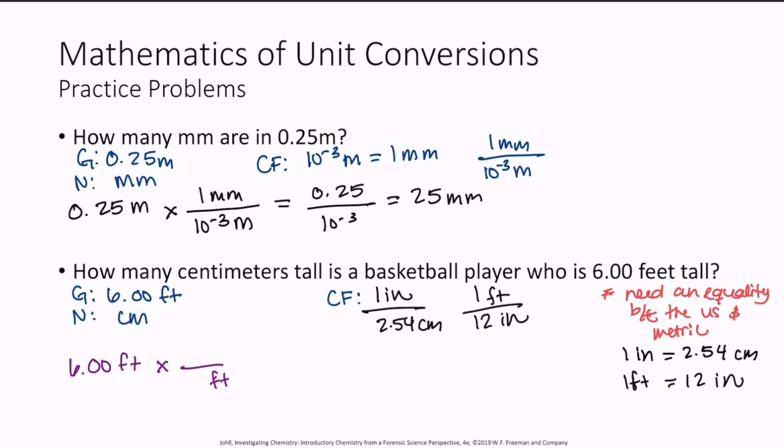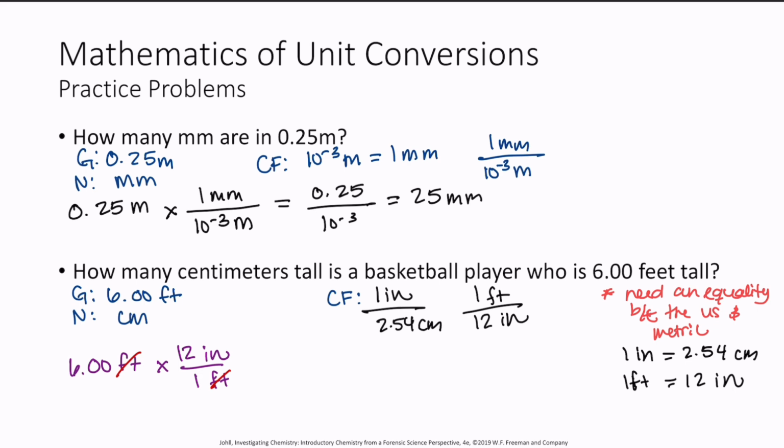Now, when I look at that problem, I notice feet is on the top, but where do I need it? Exactly. I need it on the bottom. So I'm going to flip that conversion factor and write 1 foot and 12 inches on the top. Now look what happened to our units of feet.